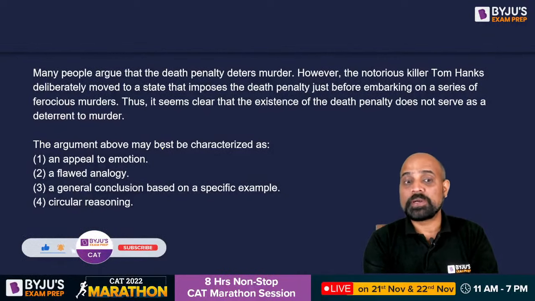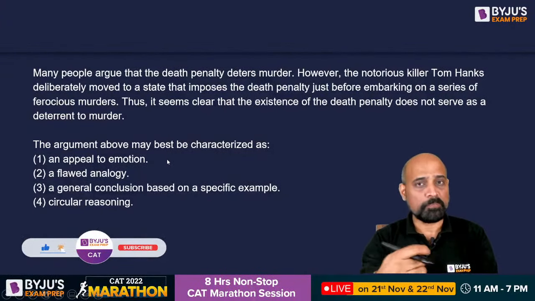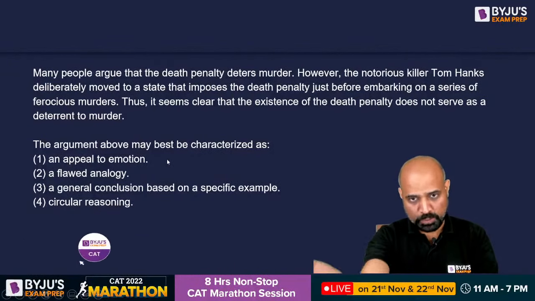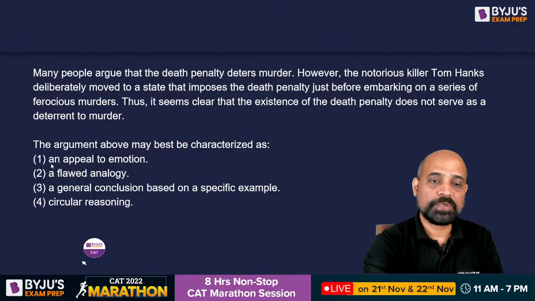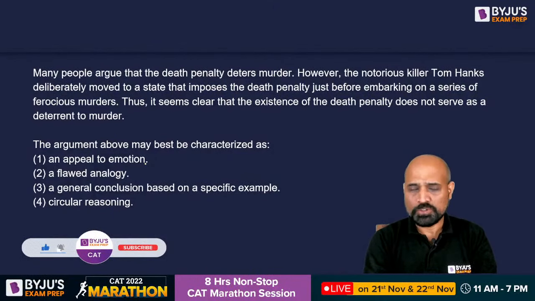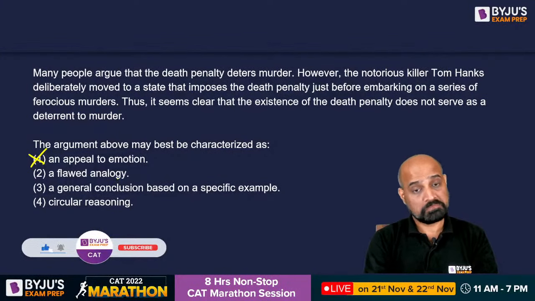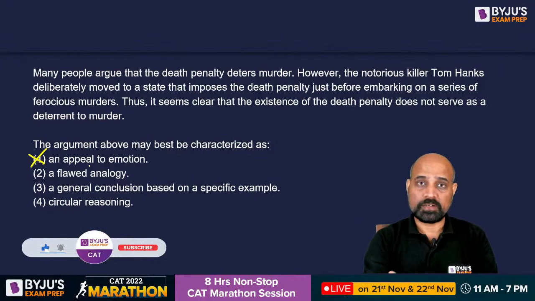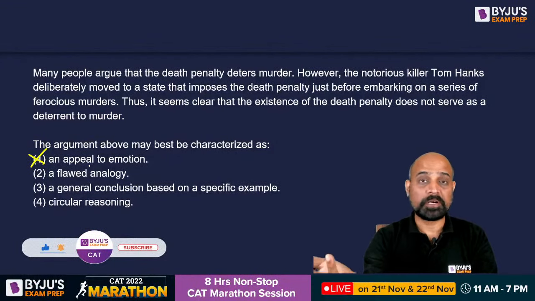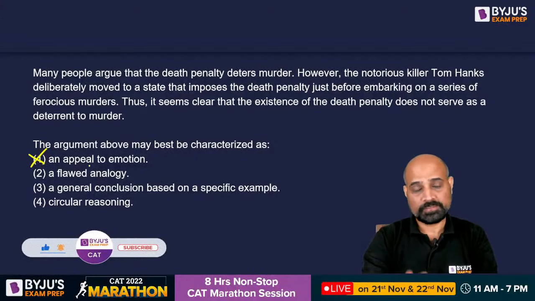Now it says the argument above may be best characterized as. So which is the best option that will tell us what kind of argument we just dealt with. First one says it's an appeal to emotion. There is no emotion involved here, right? Okay. A flawed analogy. Maybe we just compared a general murderer and then we compared a specific murderer, right? हो सकता है.